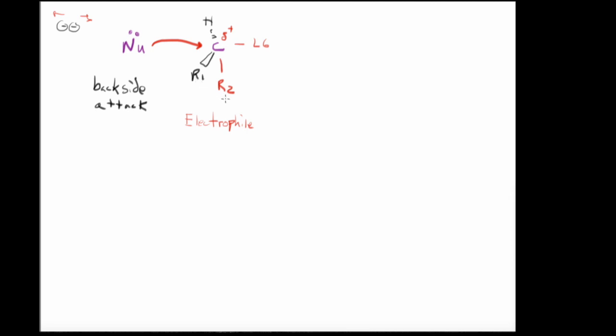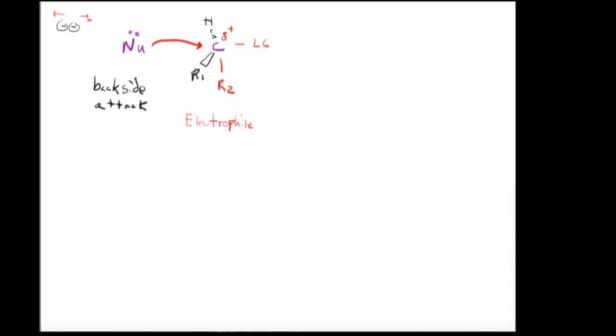If both R1 and R2 were simply hydrogens, this reaction would be highly efficient because the nucleophile would have 100% access to the backside of this carbon. As we add R groups to this, the nucleophile is going to have a more and more difficult time reaching this carbon.